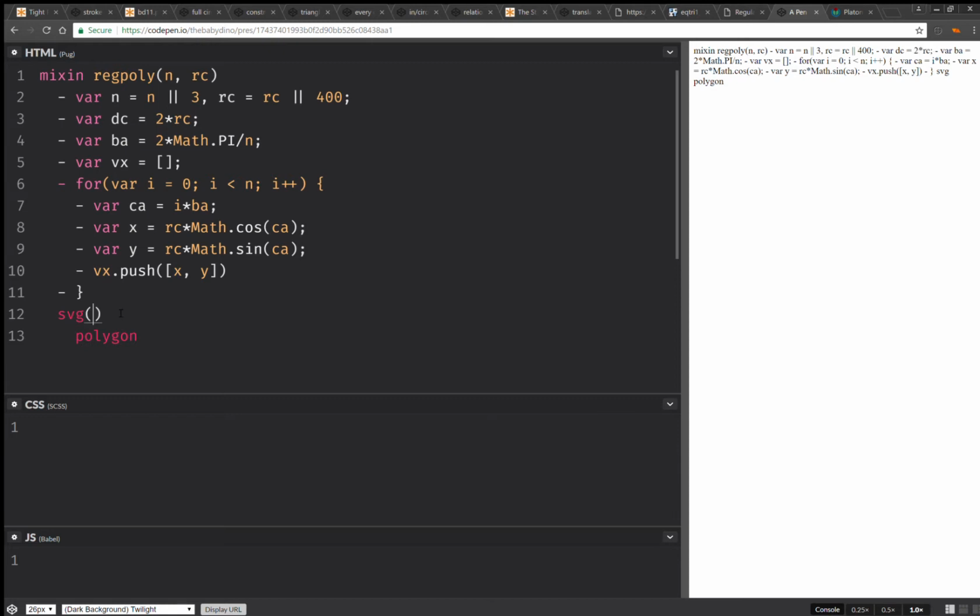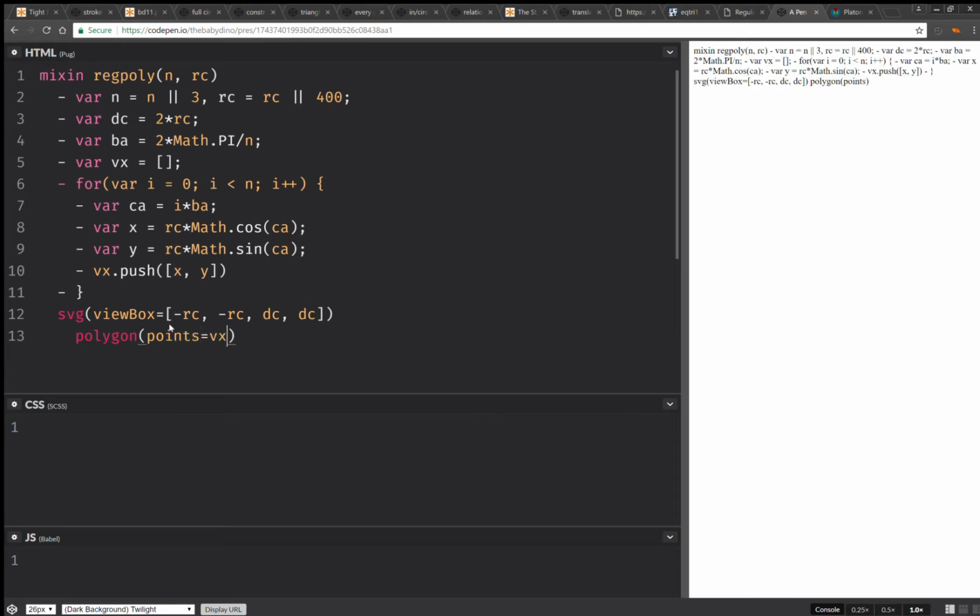So we're going to have viewBox equals, and we have the x and y offsets, and then we have the dimensions for the width and for the height. Both width and height are equal to that diameter. And since we want the 0, 0 point to be right in the middle, the coordinates of the top left corner are minus half the dimensions. So minus the circumradius.